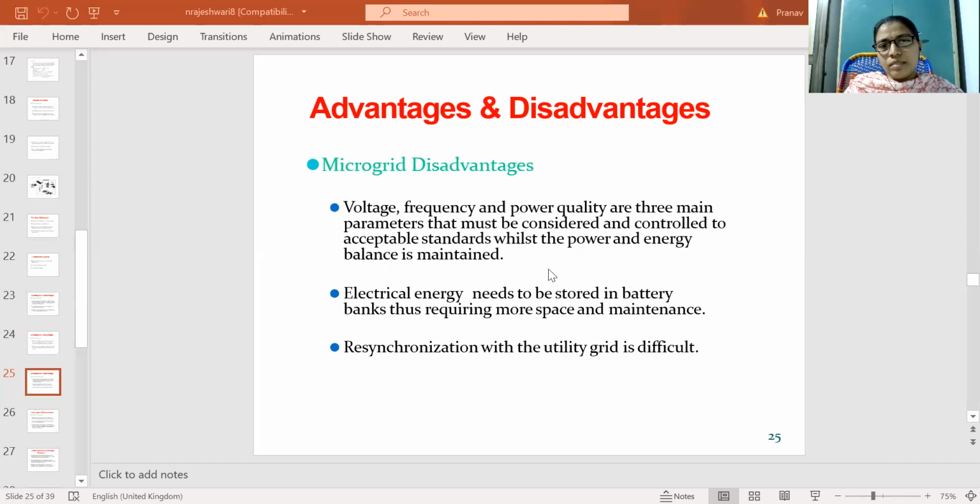So that is the main disadvantage. And the electrical energy needs to be stored in battery banks, thus requiring more space and maintenance. Resynchronization with the utility grid is also difficult.